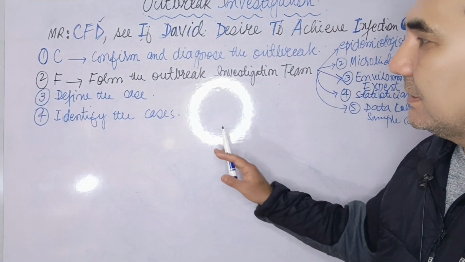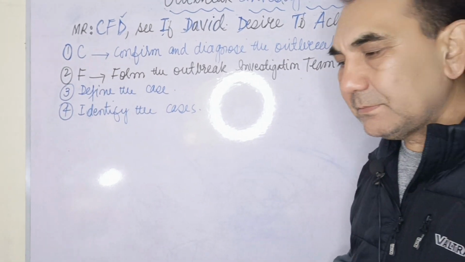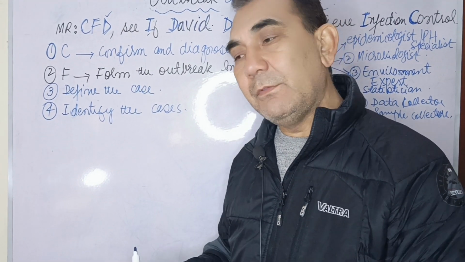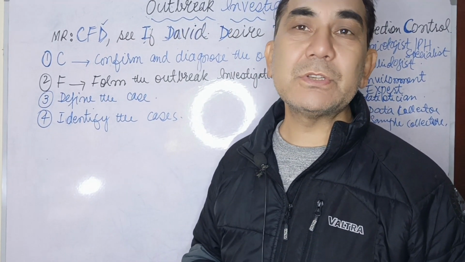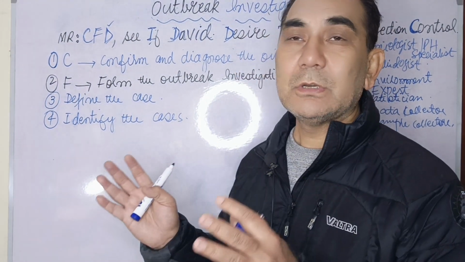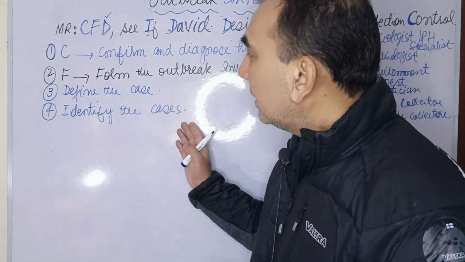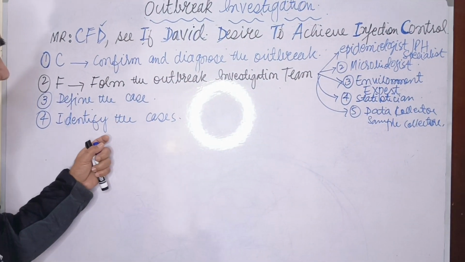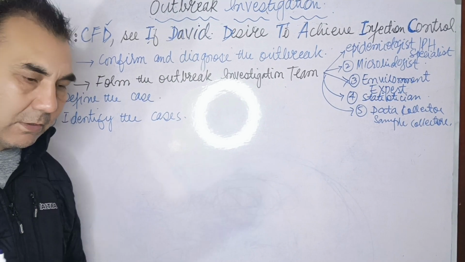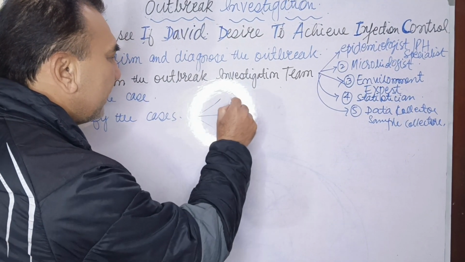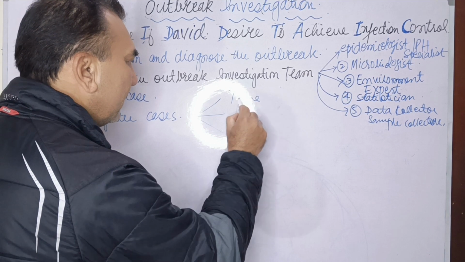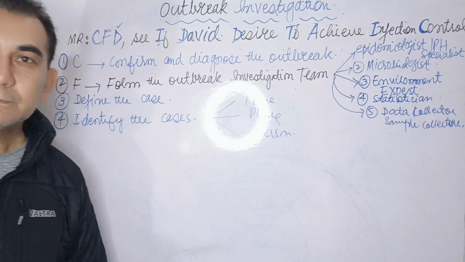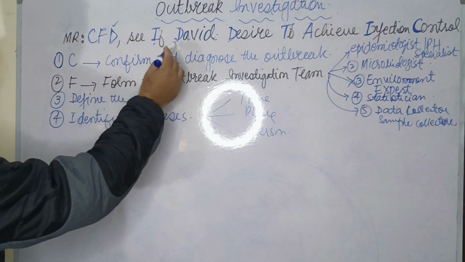Identify the cases: in which type of people, or in which group of people, or in which community, or in which geographical area the disease is mostly happening. So to identify the cases, you will go according to time, place, and person.